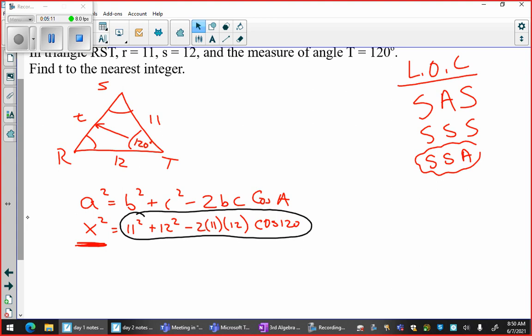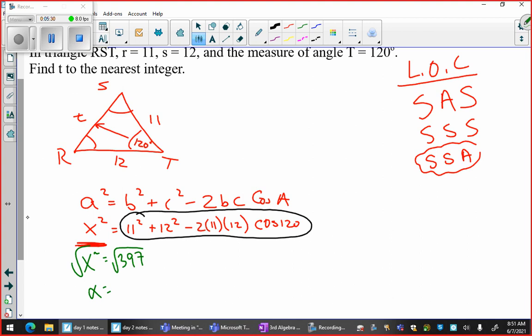So, 11 squared plus 12 squared minus 2 times 11 times 12 times cosine of 120, close the parenthesis. I get 397. And I just take the square root.